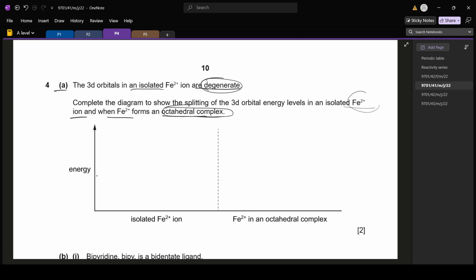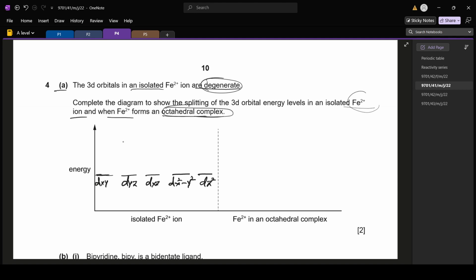So let's do this one. How many orbitals are there in the d subshell? There are 5: dxy, dyz, dxz, then dx square minus y square, and dz square.